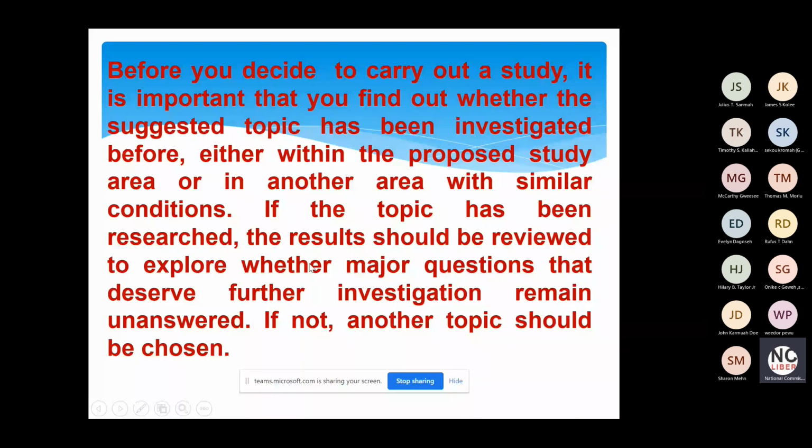What were the results that were gathered? And if these results that were gathered do not answer the questions that you want to find answers to, then you can go ahead with it. But if there is already an answer to the problem you want to solve in that study that has been conducted, then you can choose another topic.